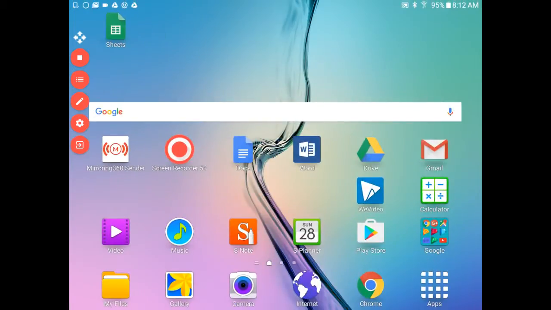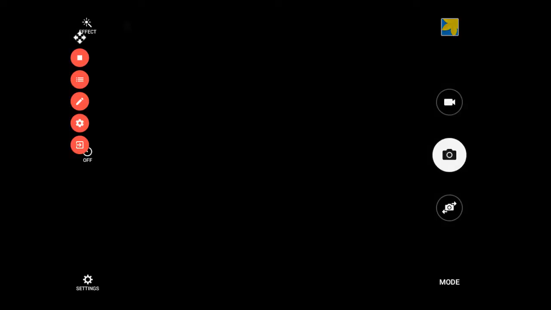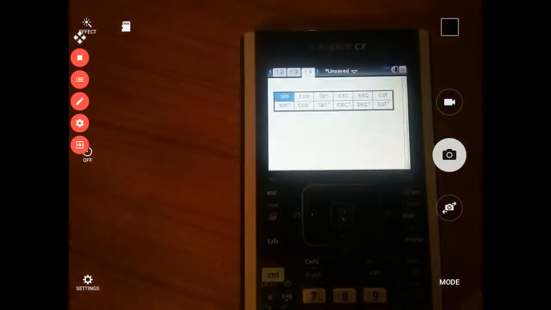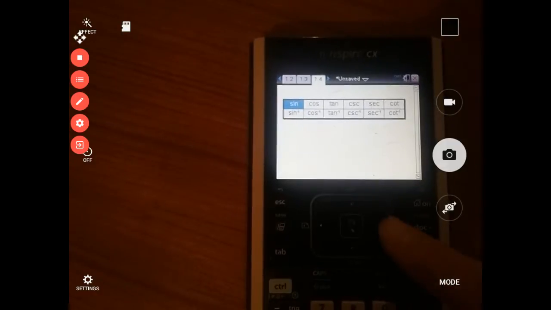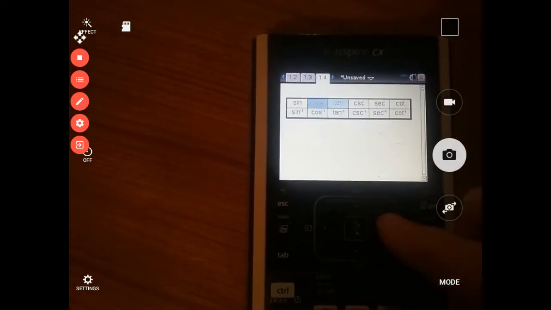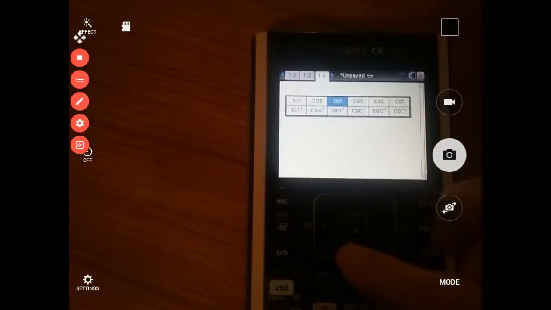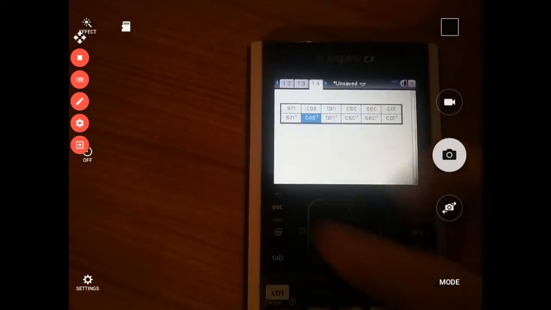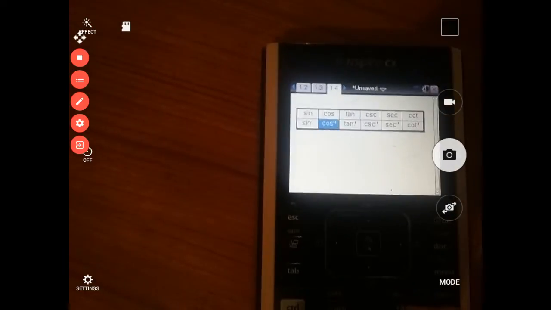If we press that trig button, it opens a menu for us. There's our sine, cosine, and tangent buttons, along with the arc sine, arc cos, arc tan. It's kind of sensitive, but there we go. So we get our menus from that.